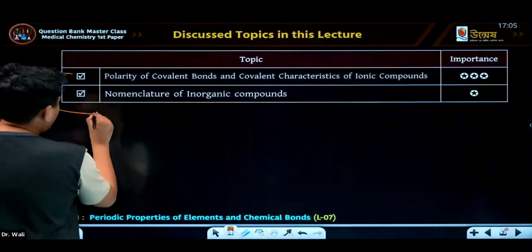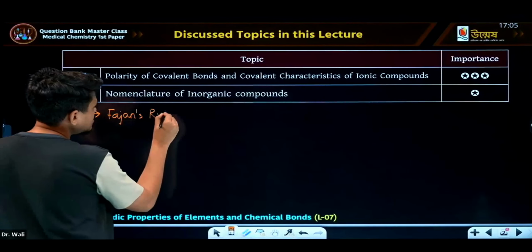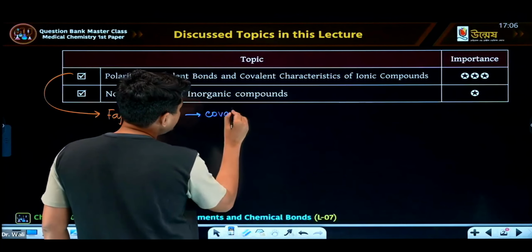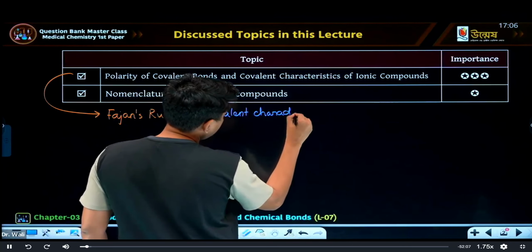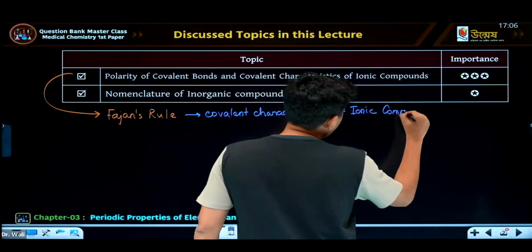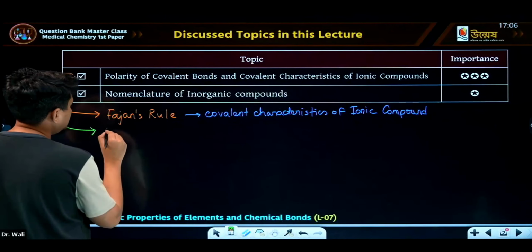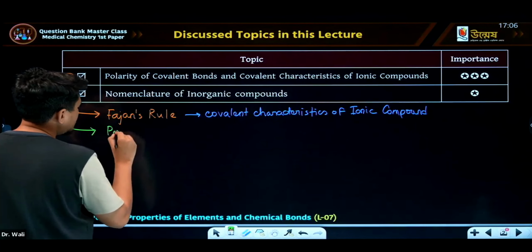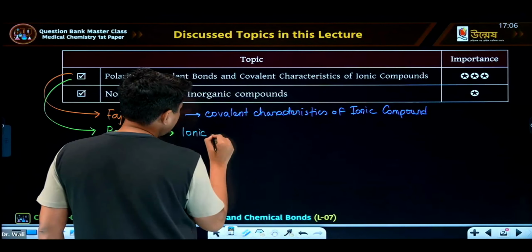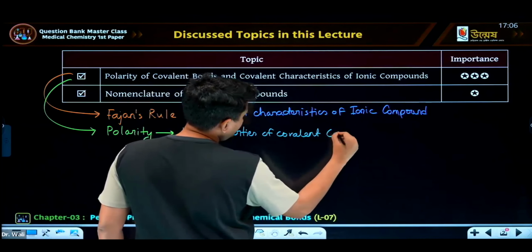We are going to discuss polarity of covalent bond first because it contains Fajan's rule. Basically, Fajan's rule is applicable for determining covalent characteristics of ionic compound, while on the other hand, instead of Fajan's rule, we will talk about polarity, which will give an idea about ionic properties or characteristics of covalent compound.